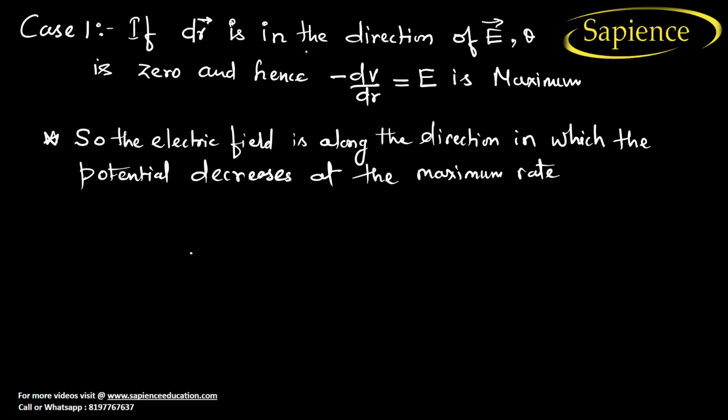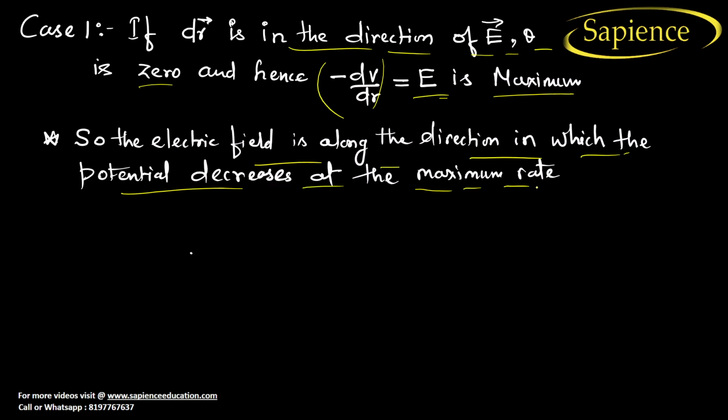Case 1: if dr is in the direction of E, theta is 0, and hence minus dV by dr will be equal to E, that is the maximum electric field. So the electric field is along the direction in which the potential decreases at the maximum rate. See, this is the surface, this is the direction of electric field.